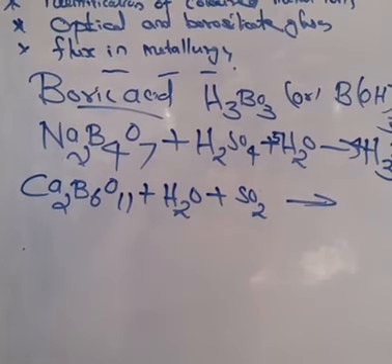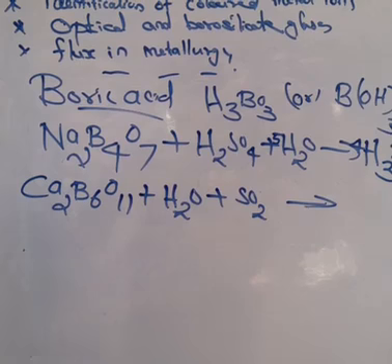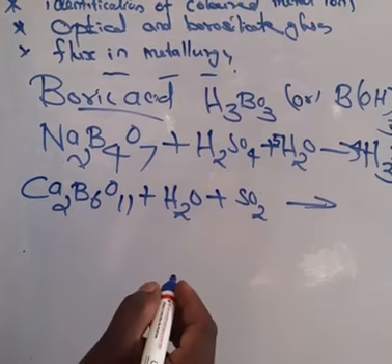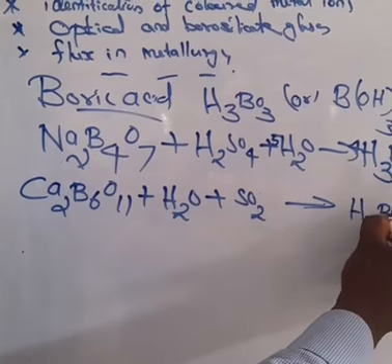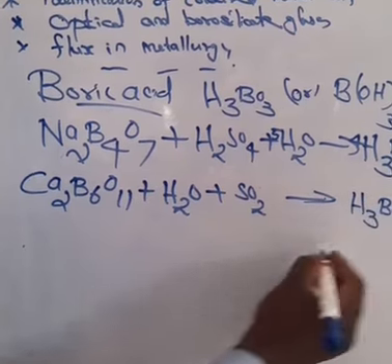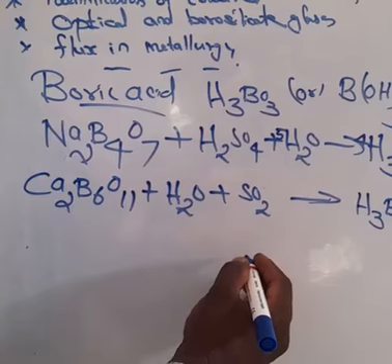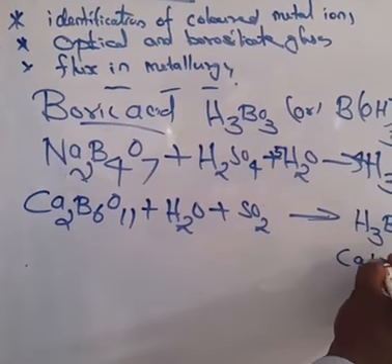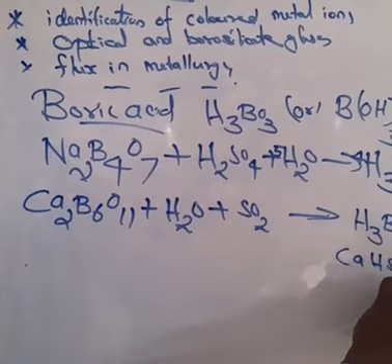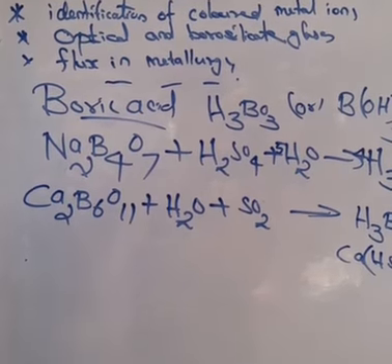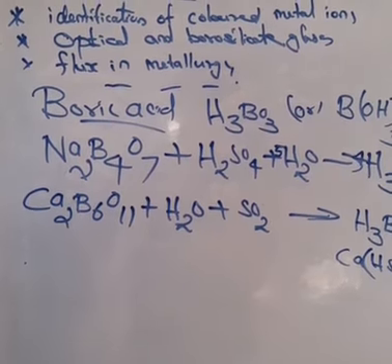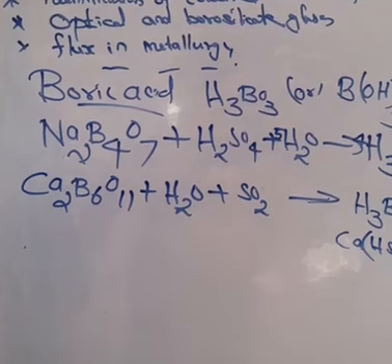We get calcium bisulfite, with boric acid, H3BO3 plus calcium bisulfite formula, Ca(HSO3)2.